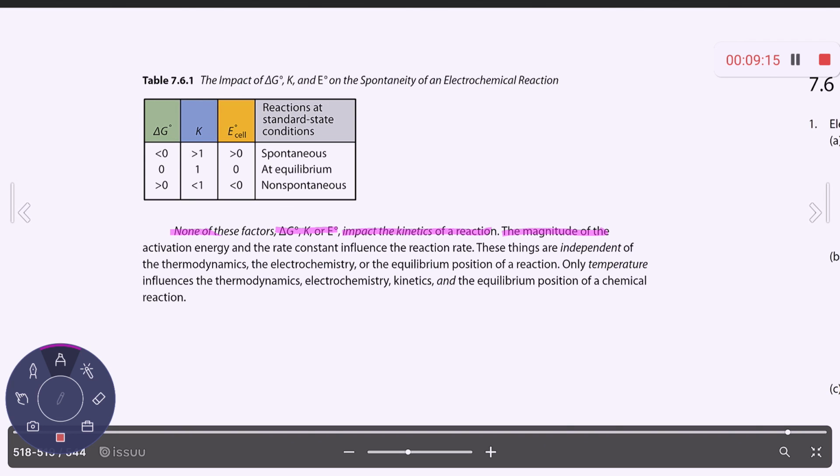The magnitude of the activation energy and the rate constant will affect the rate. These are independent of the thermodynamics and what's going on in terms of the electrochemistry and the equilibrium position. Only temperature will influence thermodynamics, electrochemistry, kinetics, and the equilibrium position.